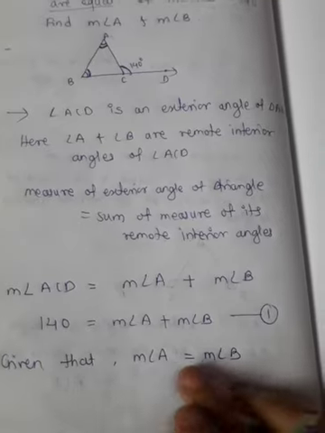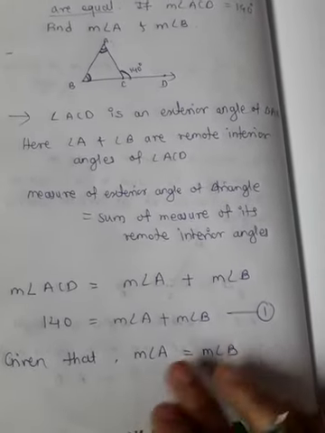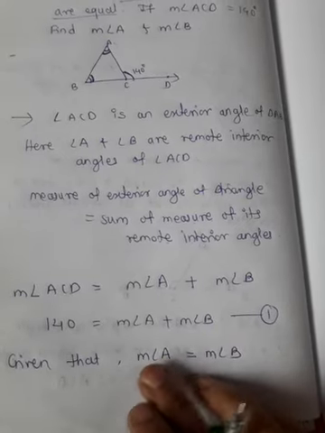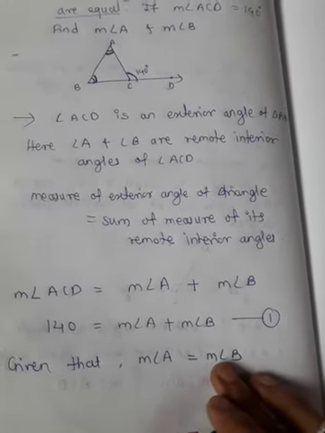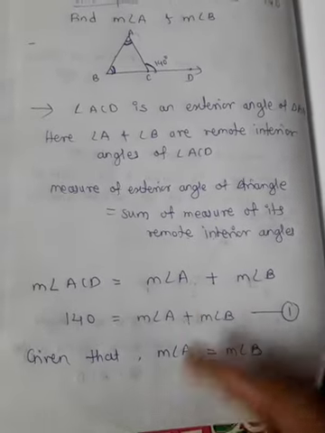Now they have the same values, means instead of measure of angle B we can put the value measure of angle A. So put this in the above equation.